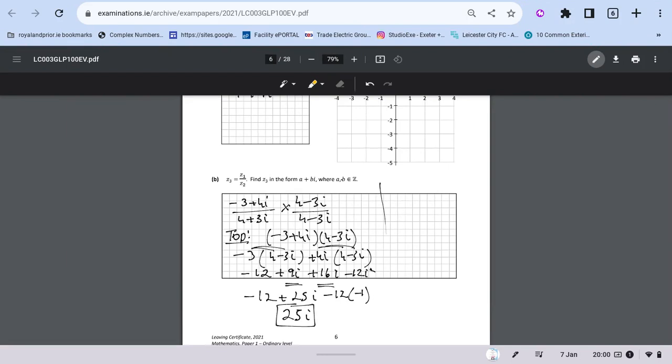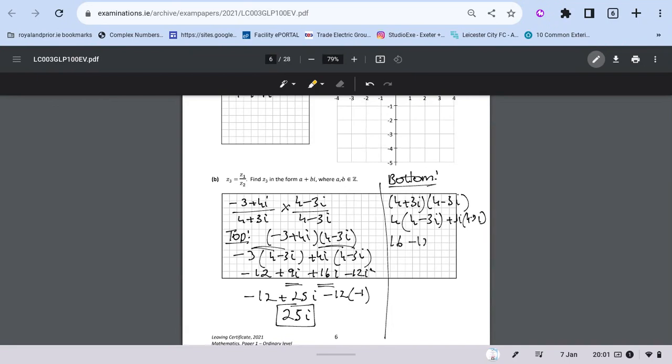Going to do the same for the bottom now. So 4 plus 3i times 4 minus 3i, and the reason we do this is we'll always end up with just a number. Not an imaginary number, a real number. So when you multiply a complex number by its conjugate, you end up with a real number. And this touchscreen's a disaster.